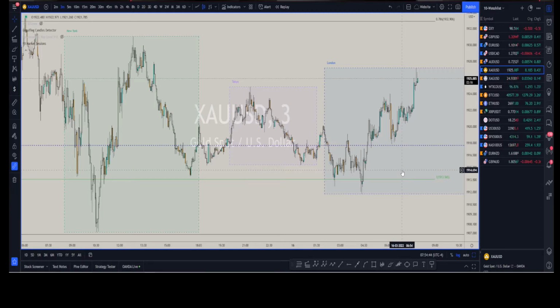And we start looking at the liquidity, the highs and the lows: the high of the session, the low of the session, the low of the previous day, the high of the week, the low of the week, the mid-range. These are all areas where banks look to upload their orders and offload their orders.